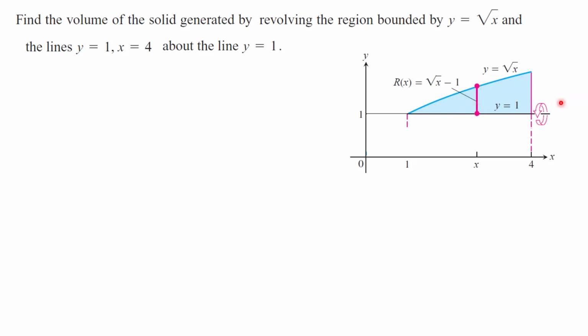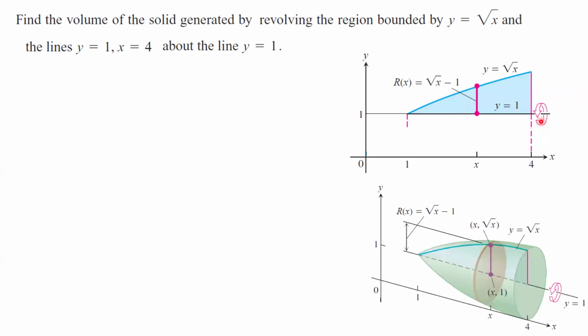Now we are starting rotating this object about y equals 1. This generates the following solid for us. So here you have square root of x rotated about y equals 1, which is this object.